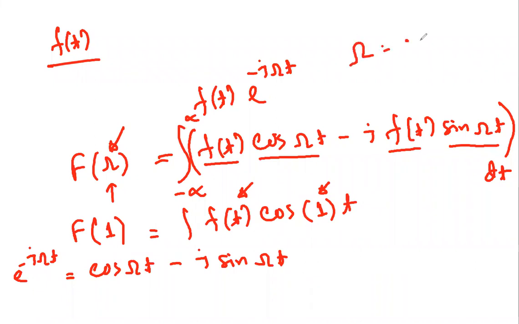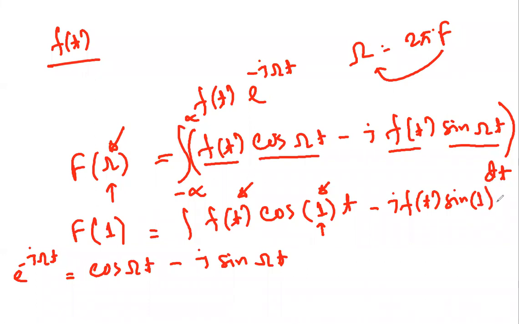Though that is not exactly 1 hertz, omega is equal to 2 pi f, where capital F represents the frequency. For simplicity, let's think that this is 1 hertz. Minus j, again f(t) sin of omega equals 1 times t, and of course there will be dt, from minus infinity to plus infinity.